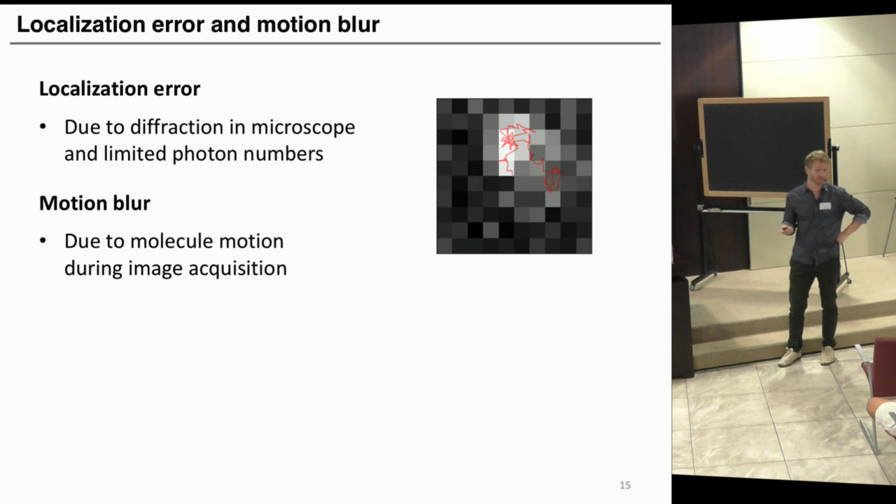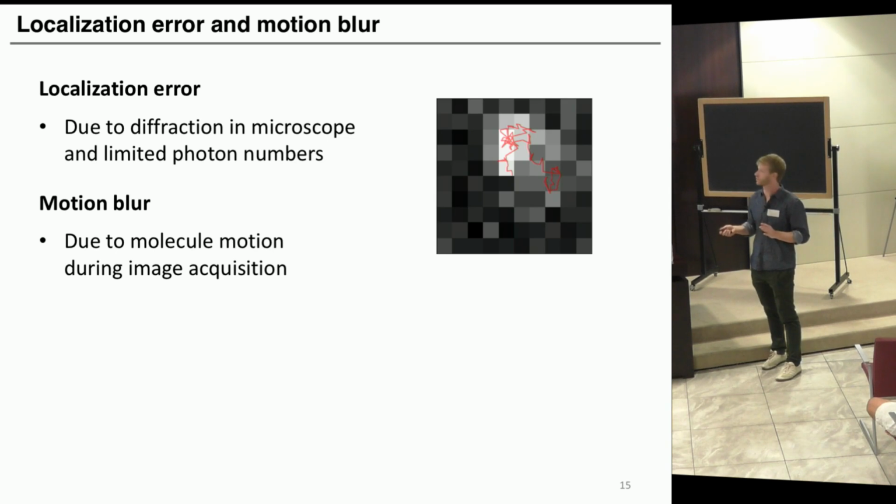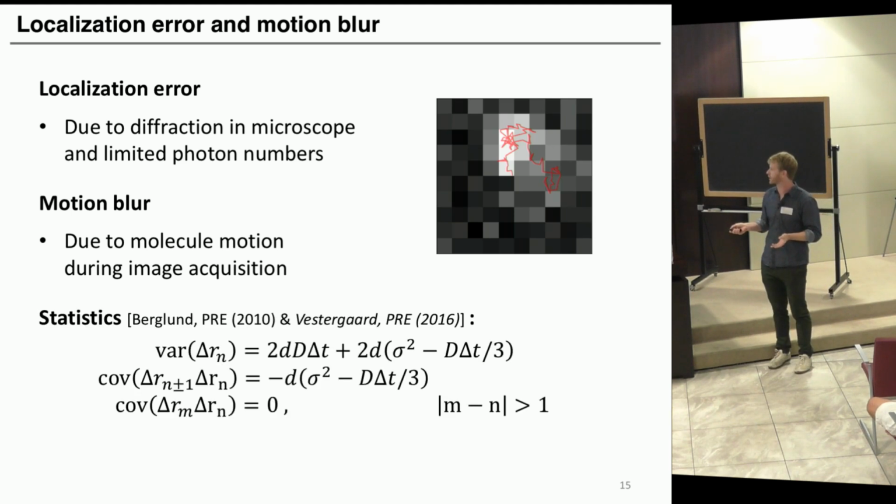Basically, we leave the shutter open for some time when we track the particles to get enough photons to be able to localize. Since the particle moves during this time, we get a blurred position. And both of these not only impact the localization precision that we can get, they also impact the statistics of the time series that we see afterwards.